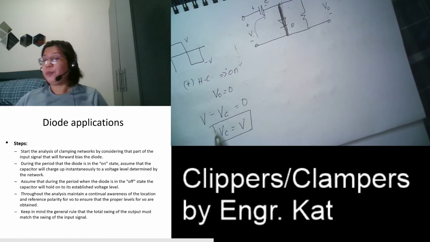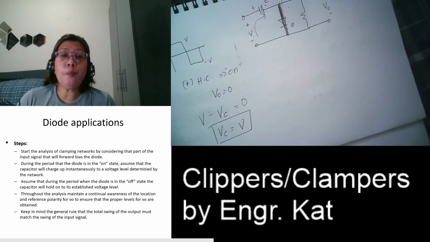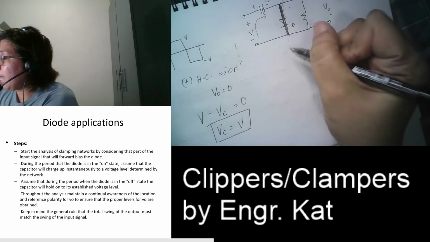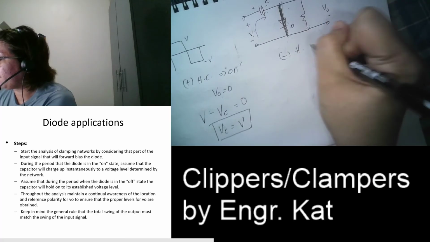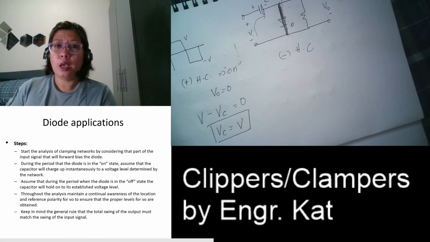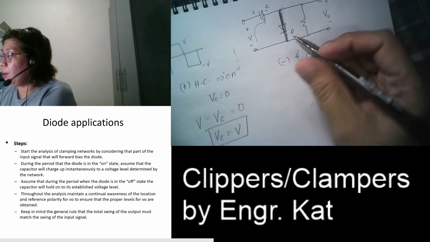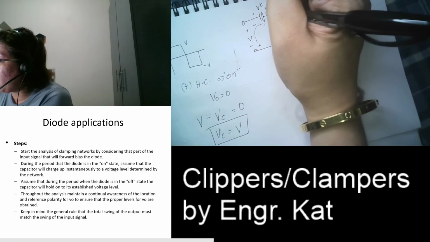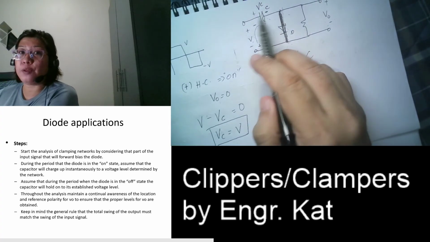So assume that during the period when the diode is in the off state, the capacitor will hold on to its established voltage level. So during the negative half cycle, this is minus, plus, it is assumed that we have here minus, plus VC.